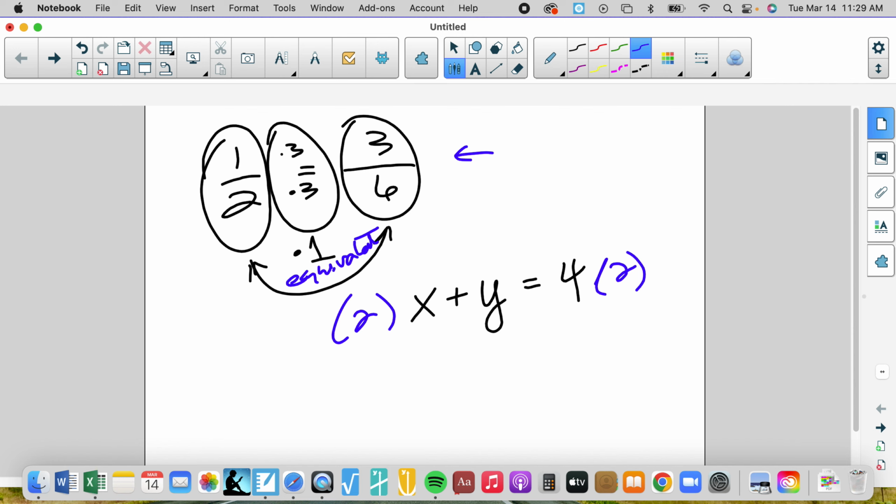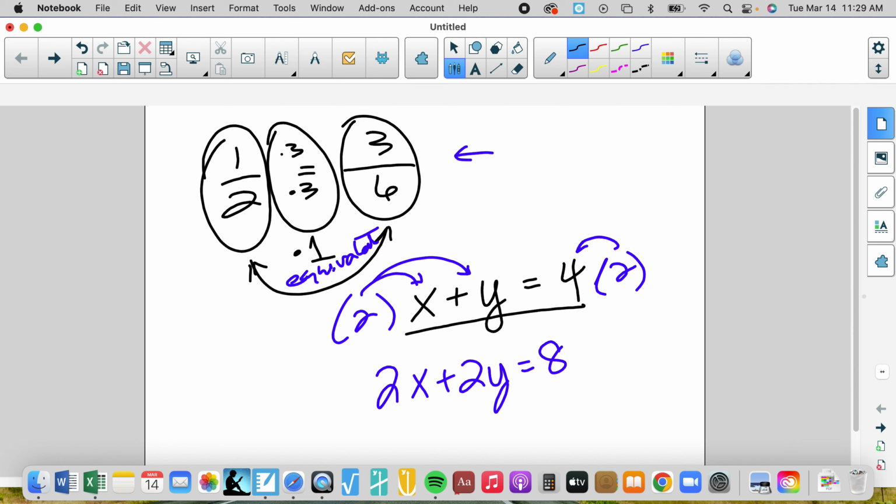So we know that this equation is equivalent to that equation.